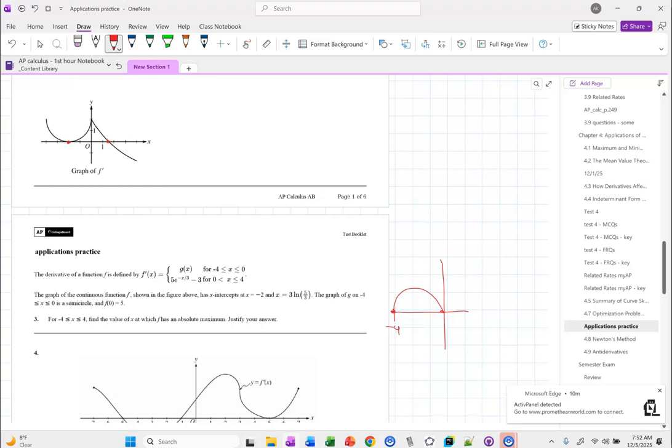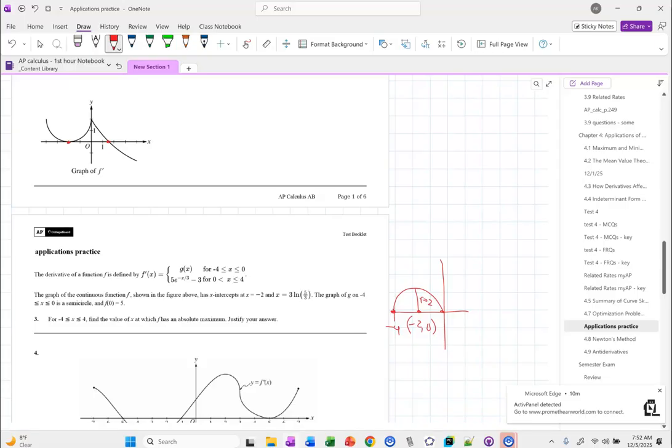What's the center of this circle going to be? Negative 2, 0, right? And what's the radius of this circle going to be? Has to be 2, right?